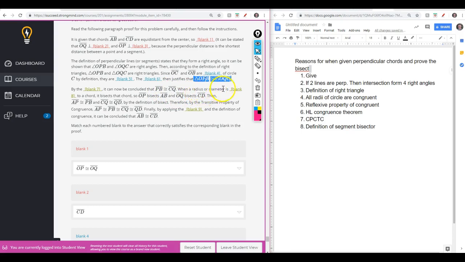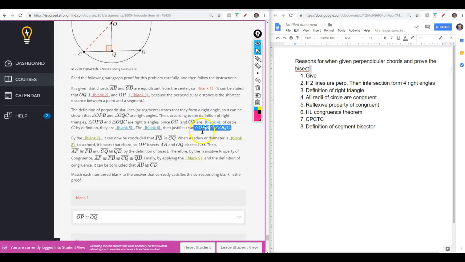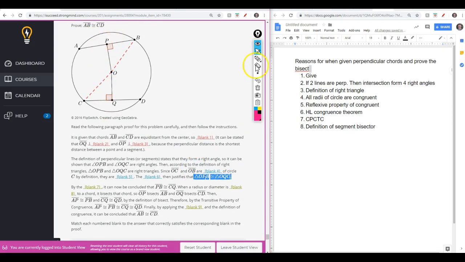When a radius or diameter is blank to a chord, it bisects that chord. So I'm thinking to myself, okay, they were just talking about a radius or diameter that is blank to a chord.